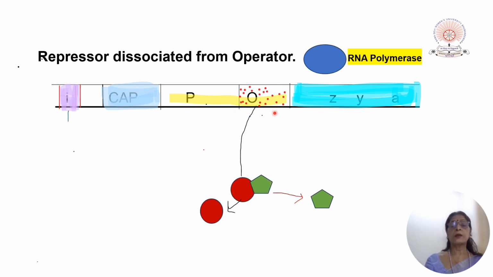This diagram shows how the repressor dissociates by the binding of the inducer, and after dissociation, there is separation of the repressor and the allolactose.